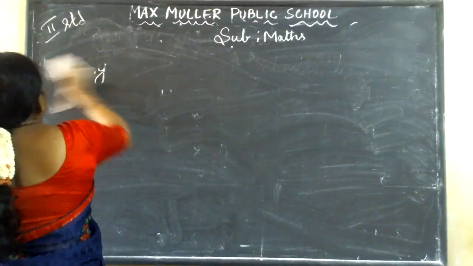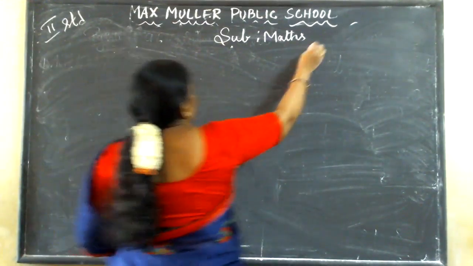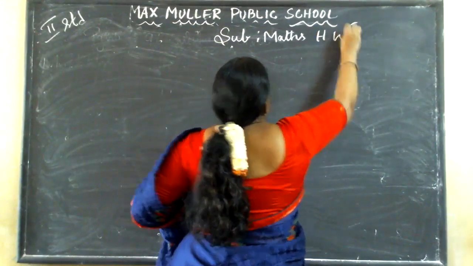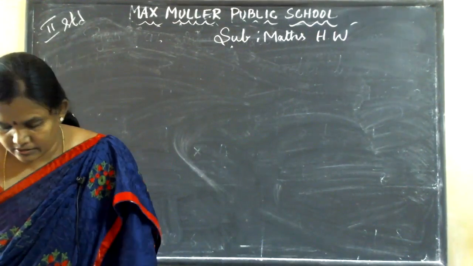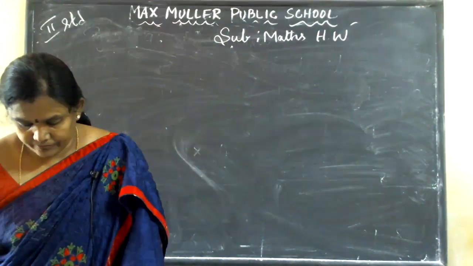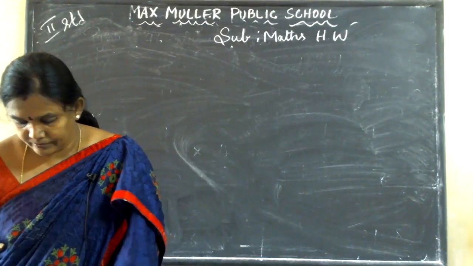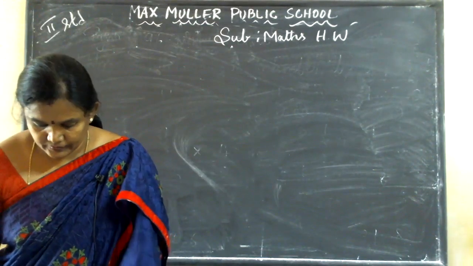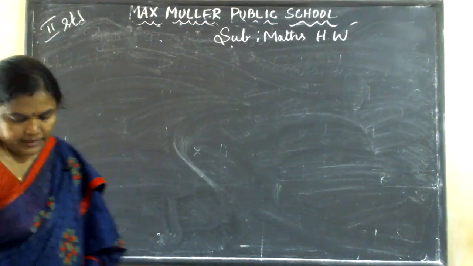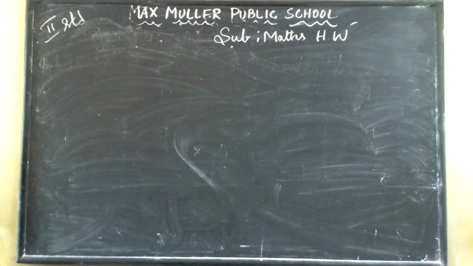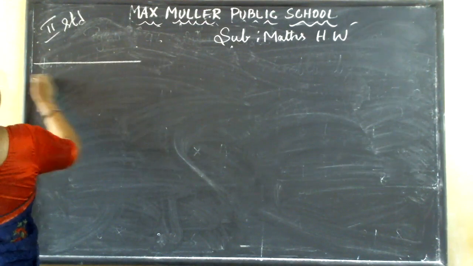Homework note, children. Open your homework note. Maths homework. Go to a fresh page. Write neatly. Now, multiplication without carryover. For homework, first line you write neatly, children.